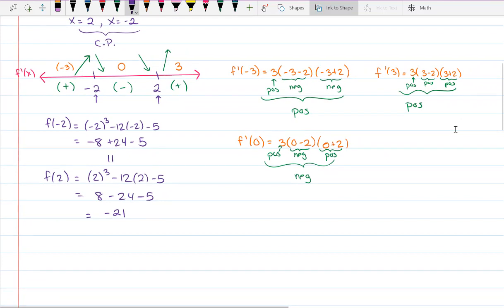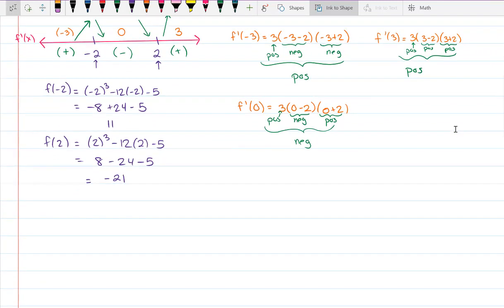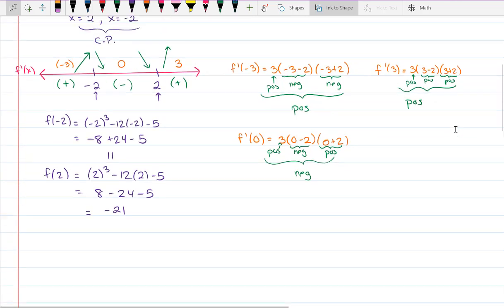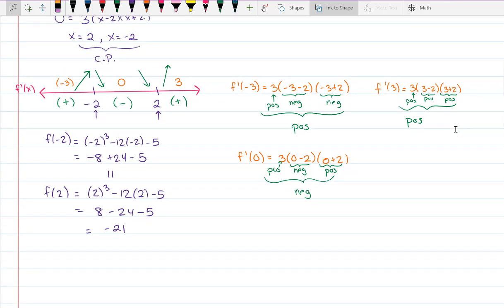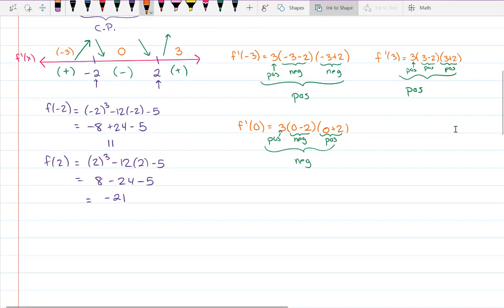So now we've got all of our pieces, and now we're going to draw a conclusion. We're going to determine whether at negative 2 we have a min or a max, and same thing for 2. So, here's our conclusion.